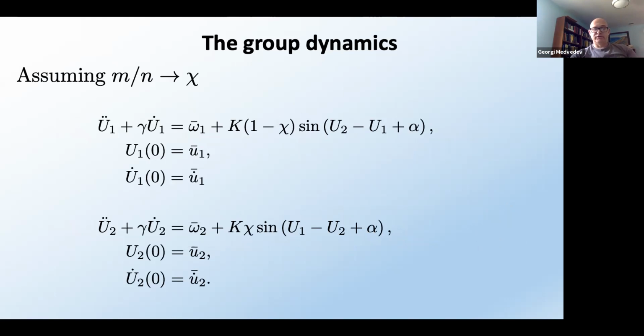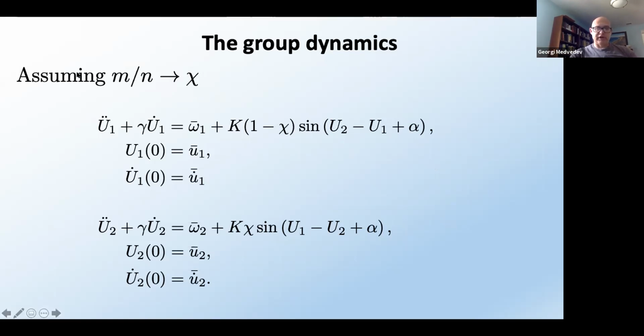As we send N to infinity, we assume that the size of the first cluster is of order N, so that the relative size of a cluster tends to a certain value chi. Then it's not hard to derive the system of equations for these averaged quantities.